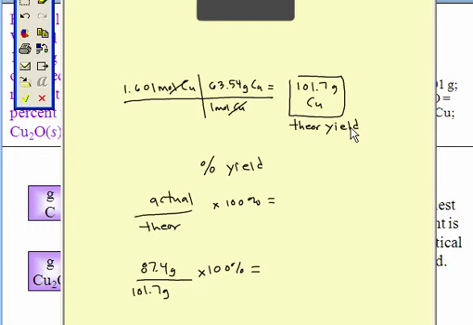So when I do the math, I get 85.9% yield. And that makes sense because it's less than 100%. And I have 3 sig figs because over here I have 3 and 4. And when we multiply and divide, our answer has as many sig figs as the value with the least number of sig figs.